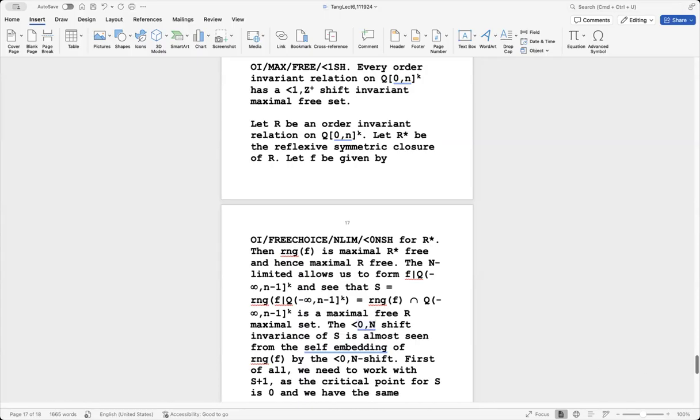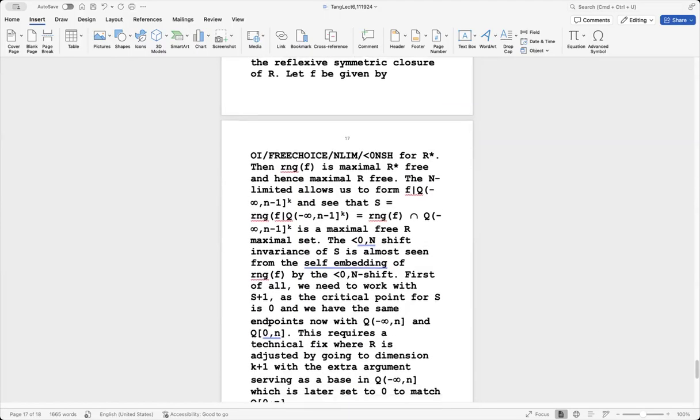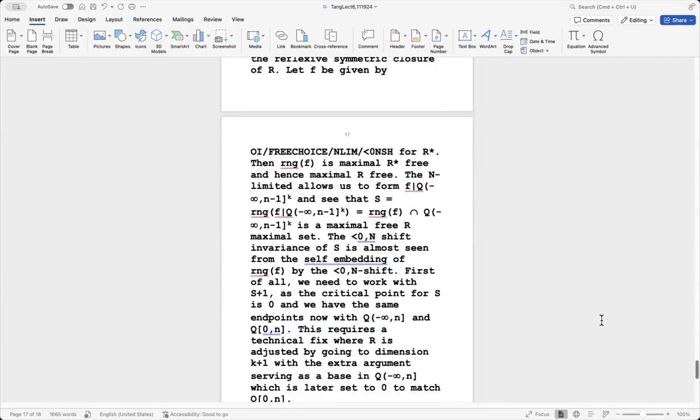So there's a trivial change because we're using N instead of Z plus. With invariant maximal choice, we like to use N instead of Z plus. That's just a minor point, but we do that. So we have to be a little bit careful then to work with S plus 1 as the critical point for S is 0. And we have the same endpoints now with Q minus infinity N and Qn.